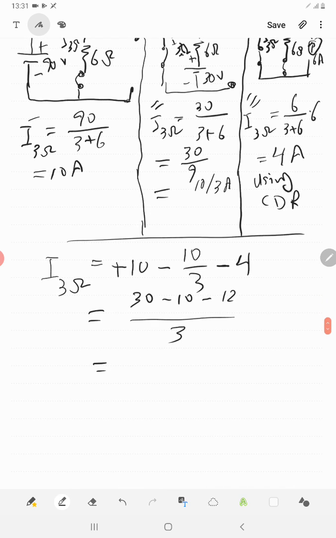So 20 minus 12 is 8, right? 8 divided by 3 amps. Okay, 30 minus 10 is 20, minus 12 is 8. So this is basically the superposition theorem.